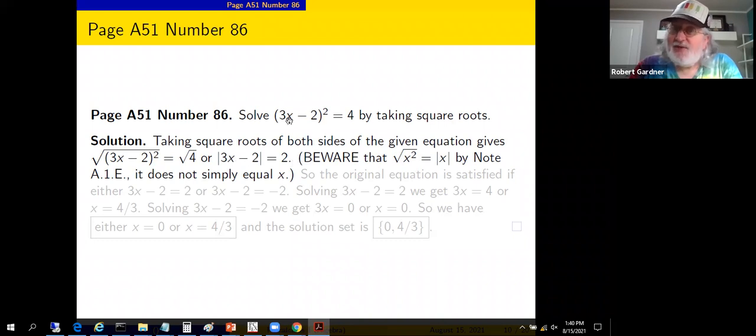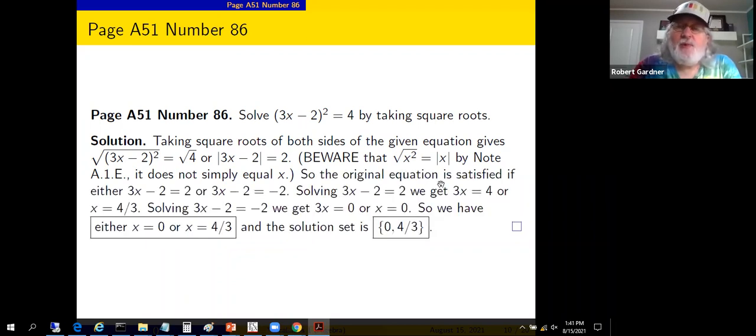It's a second degree polynomial. I'm expecting up to 2 solutions, and the absolute value will produce 2 solutions. So take square roots like you were told to do, and treat the square roots and the squares with appropriate care to produce an absolute value, and then treat that with appropriate care.